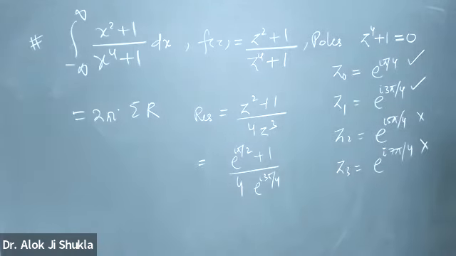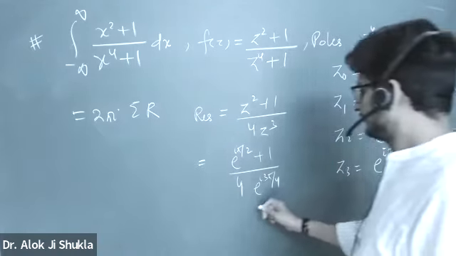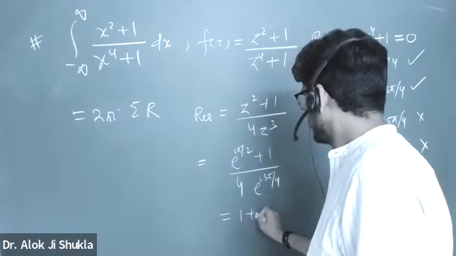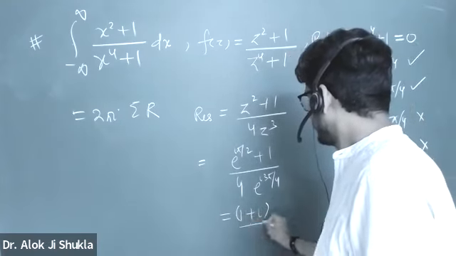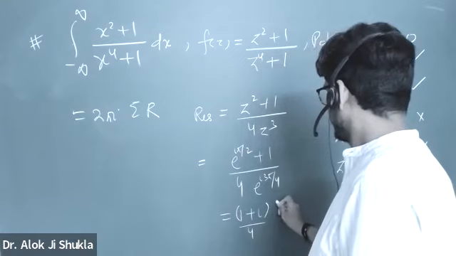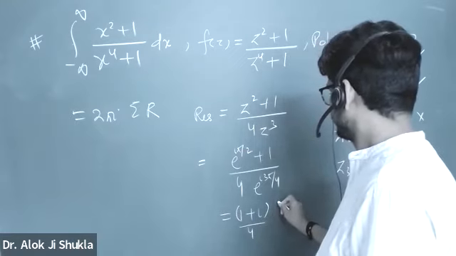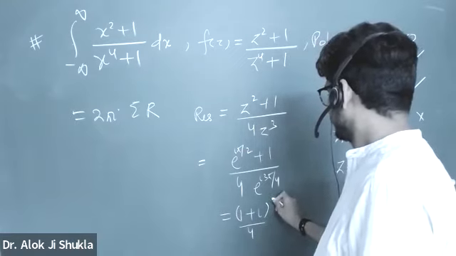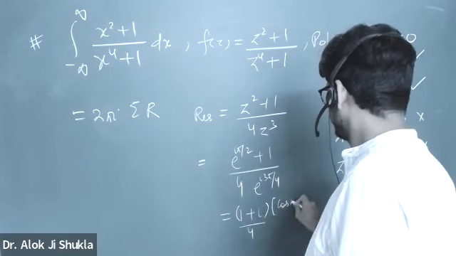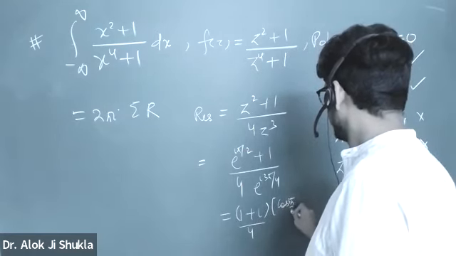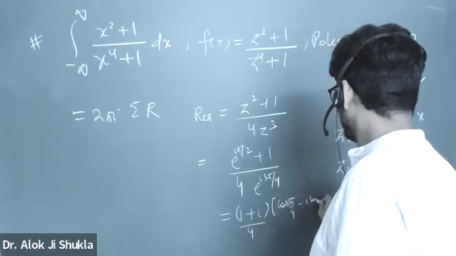So this will become (1 plus iota) by 4 into (cos 3 pi by 4 minus i sin 3 pi by 4).